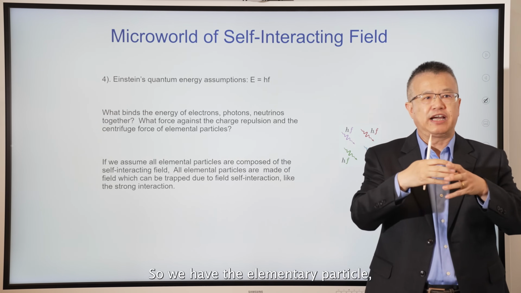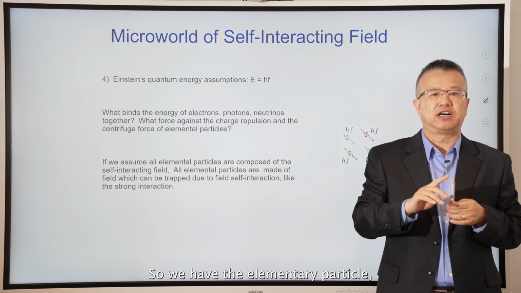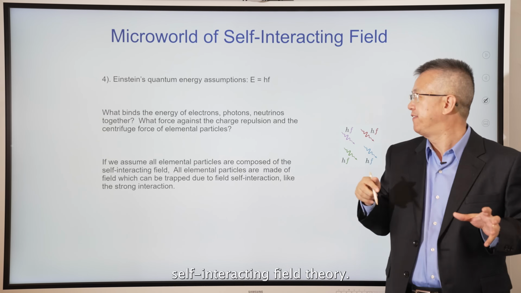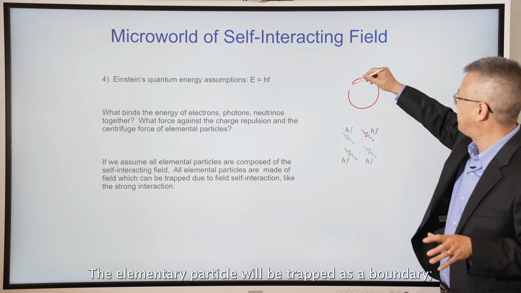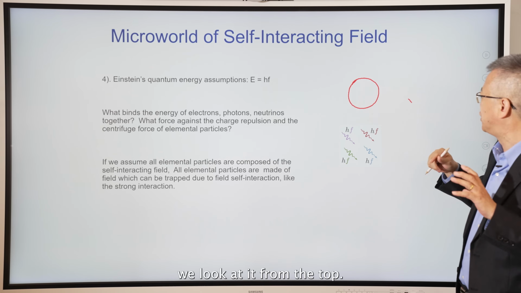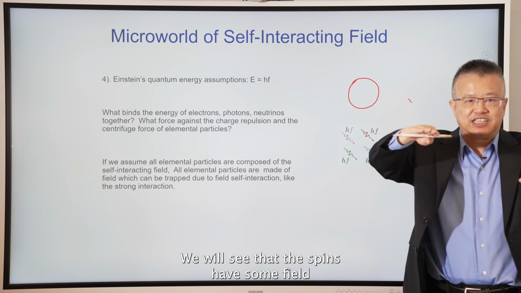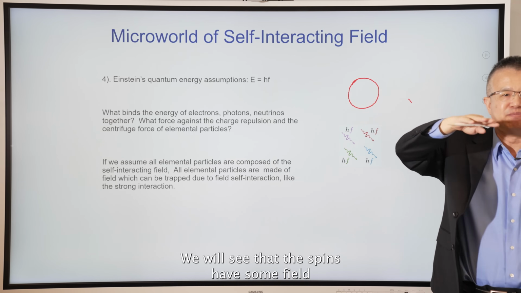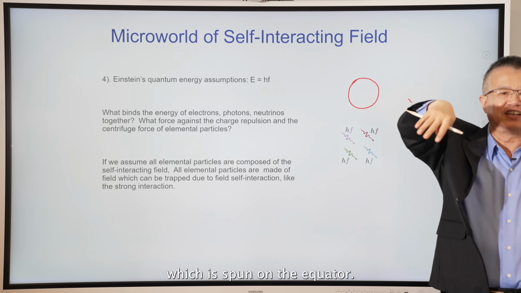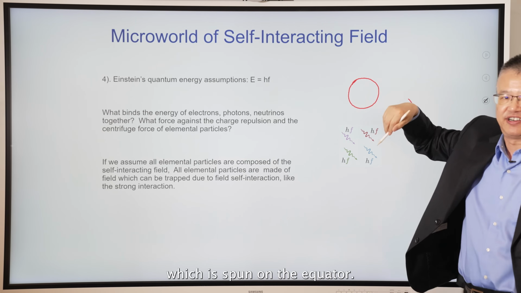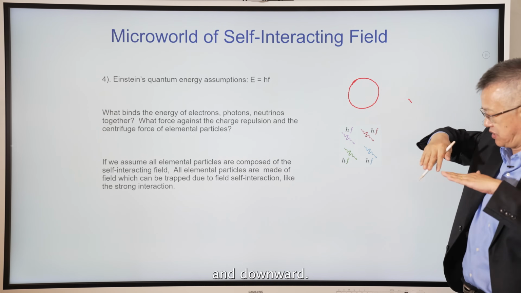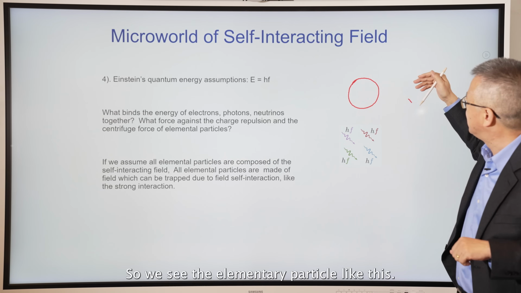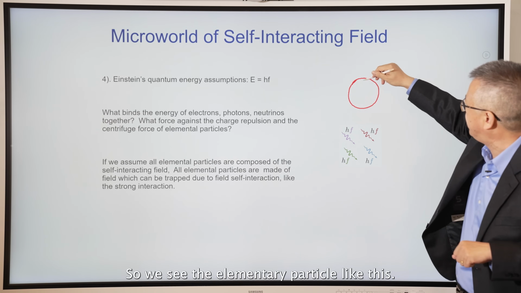We have the elementary particle, a self-interacting field theory. The elementary particle will be trapped as a boundary. If we look at it from the top, we will see that the spin will have some field being spun on the equator. We're looking from up and downward, so we see the elementary particle like this.